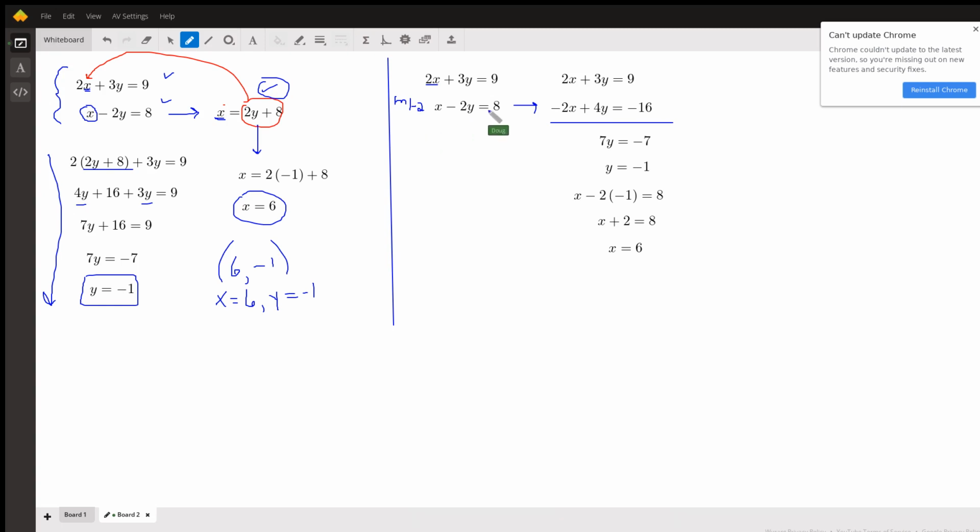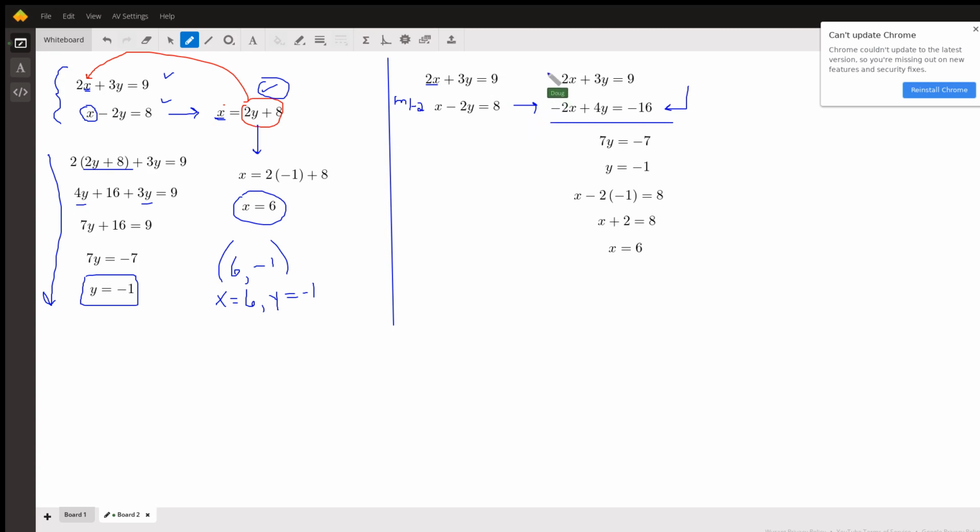I'm allowed to do that because of the multiplication property for equality. If you have equal expressions, you multiply both sides by the same number, you'll still have equal expressions. So here is the result of multiplying the second equation by -2, every term.